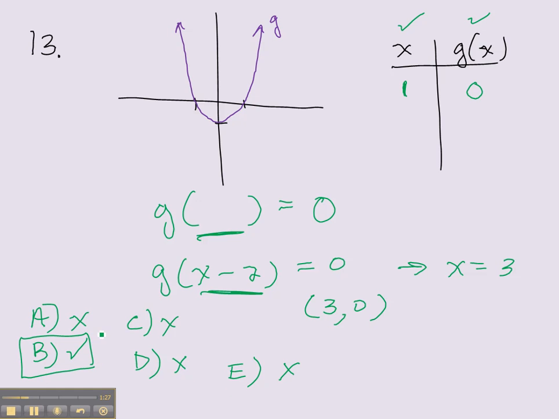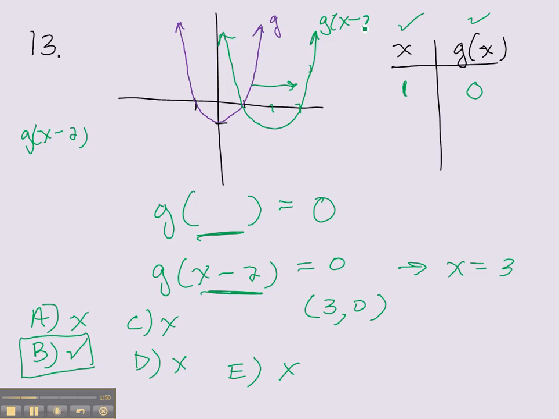Now the easy way to do this problem is to just know about translations. Anytime you have a graph of g, no matter what it looks like, if you look at the graph of g of x minus 2, that just means slide the graph 2 spaces to the right and redraw the graph. That's all that means. Now be careful.